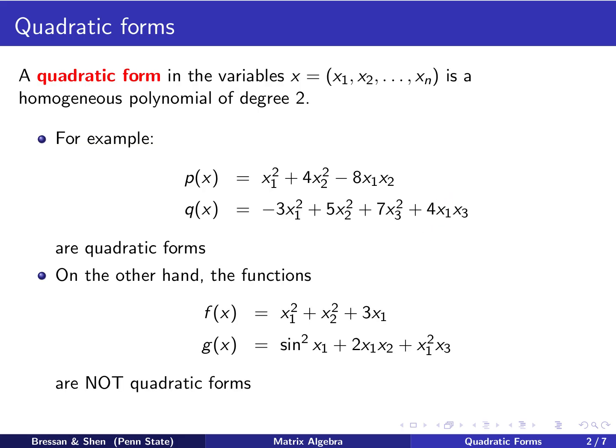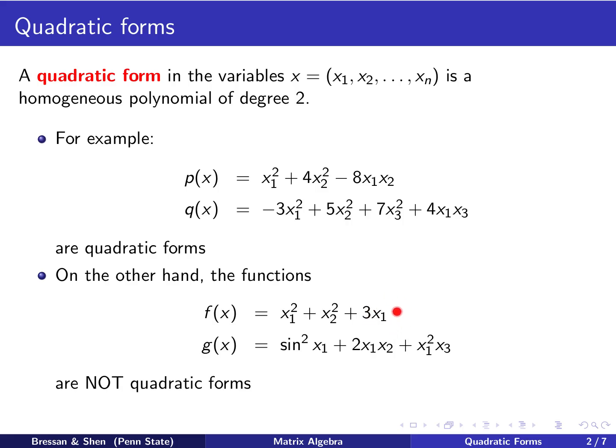And then we can throw in some examples that are not quadratic forms. For example, this f of x, which is x1 squared plus x2 squared plus 3 times x1. So it has 3 terms. Let's look at the first one. It is quadratic, and the second one is also quadratic. And then the third term is x1, meaning x1 to the power 1, so this is not of degree 2.